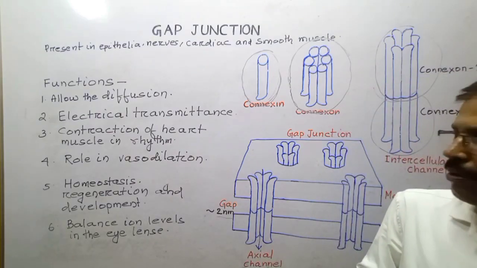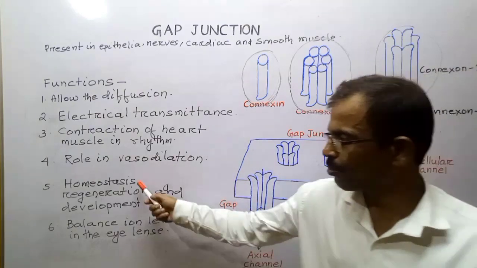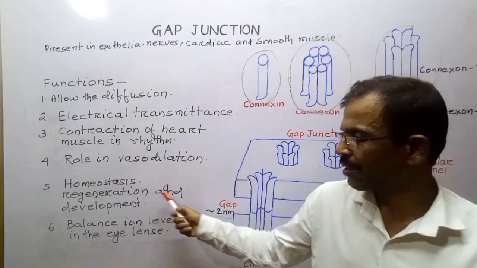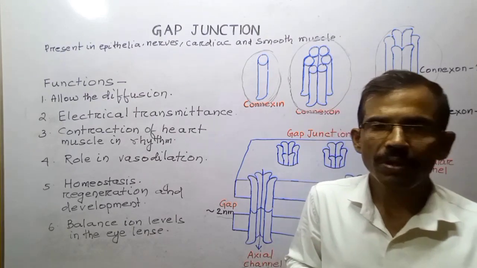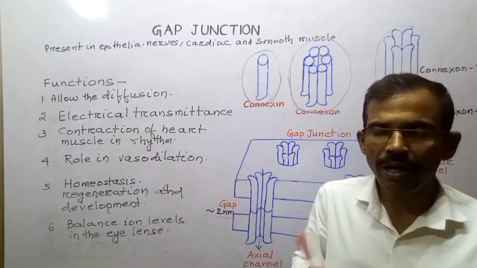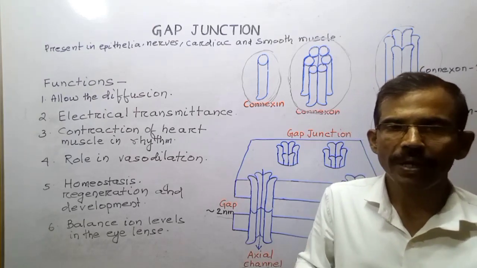They are involved in vasodilation and other processes such as homeostasis, regeneration and development. Finally, gap junctions balance the ion levels in the lens that maintain its transparency.